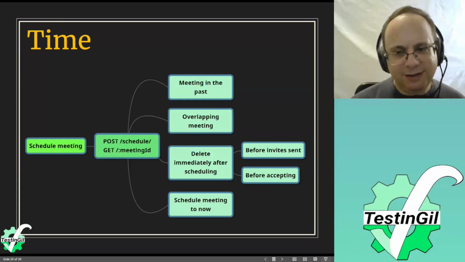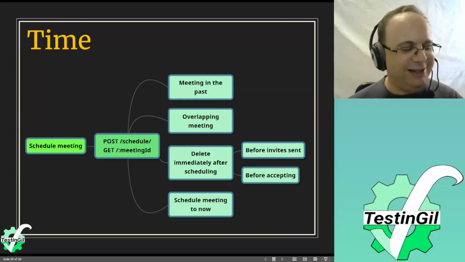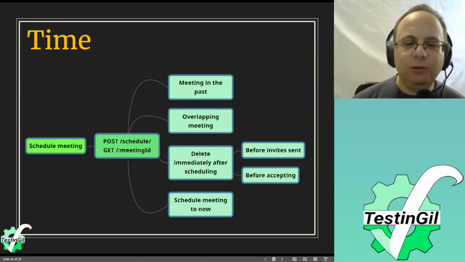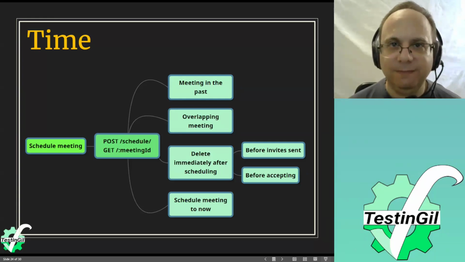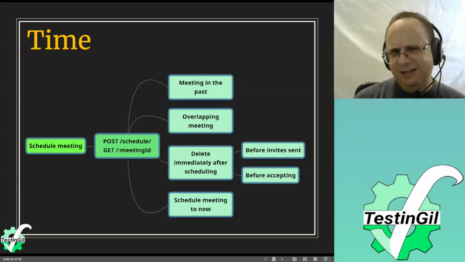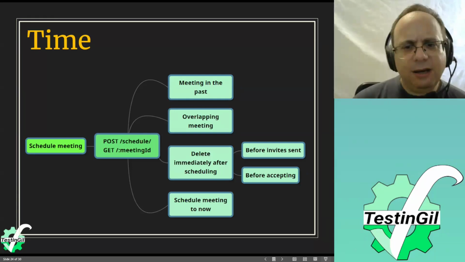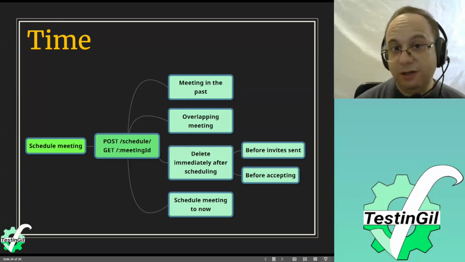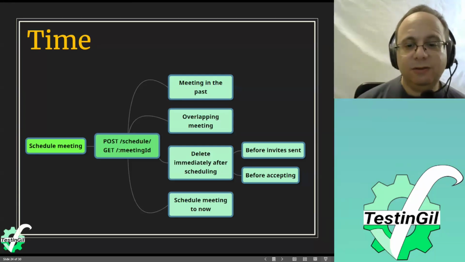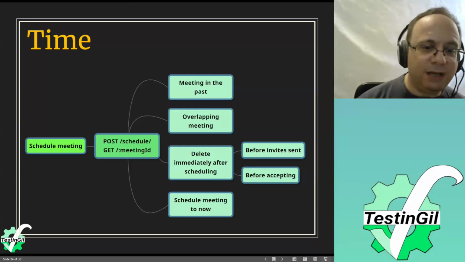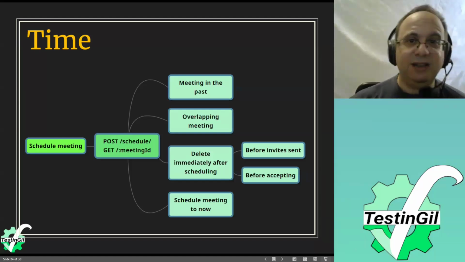What happens? I had to think about this a bit more deeply. What happens if you schedule a meeting and immediately after that delete it? Just calling the APIs immediately after that. But there could be cases where the invitations will not be sent out, or they are sent out but not accepted, or they are accepted, but then the meeting was deleted.